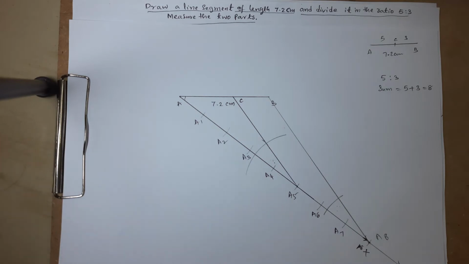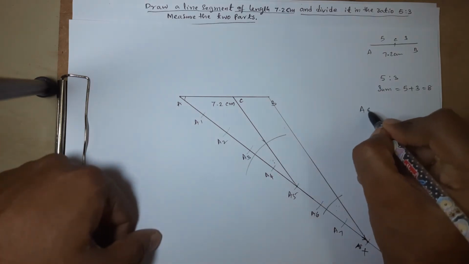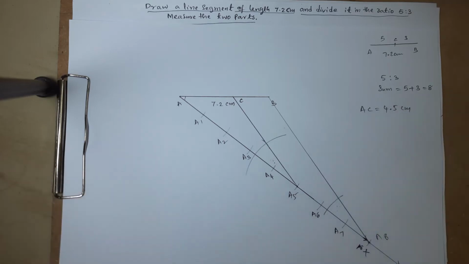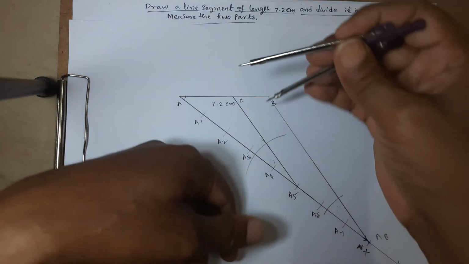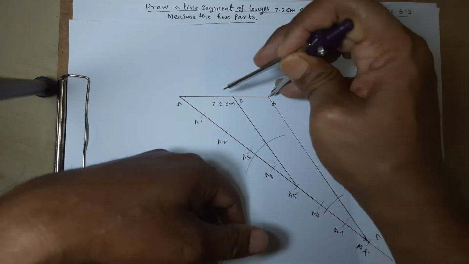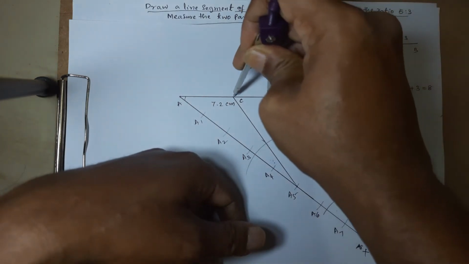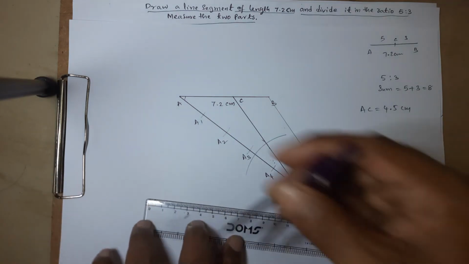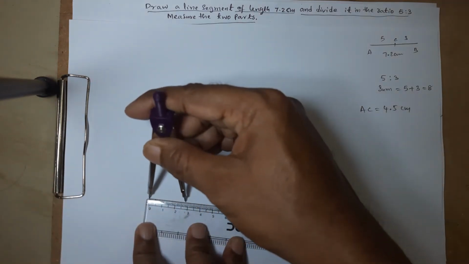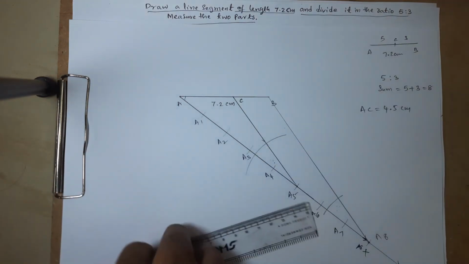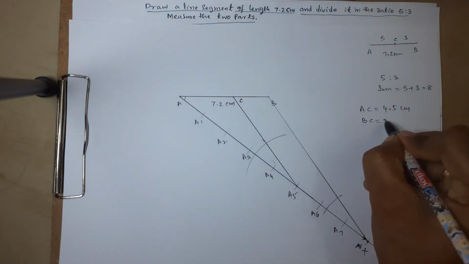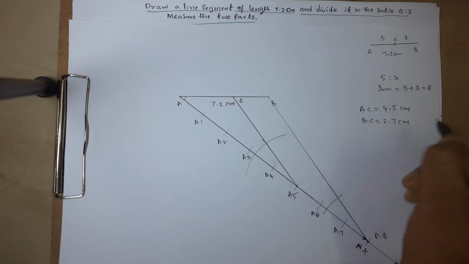Therefore, AC is equal to 4.5 centimeters. What about BC? Again, using the divider, this is 2.7 centimeters. BC is equal to 2.7 centimeters.